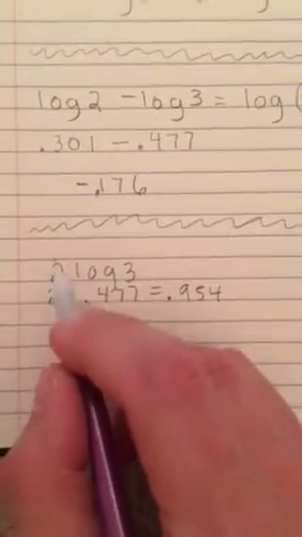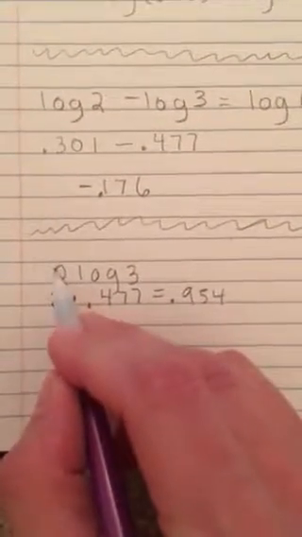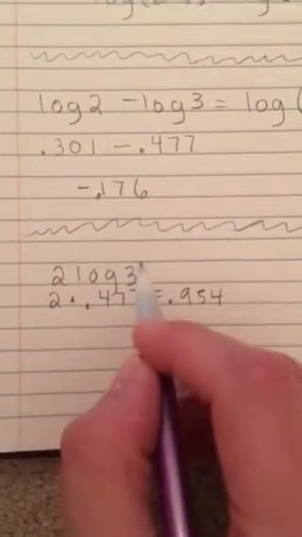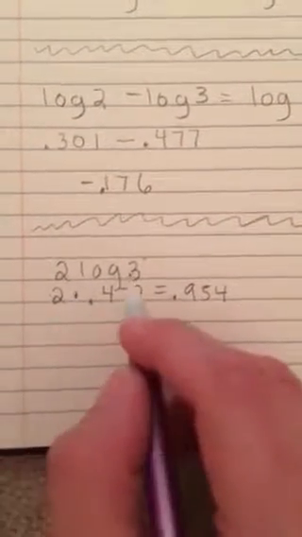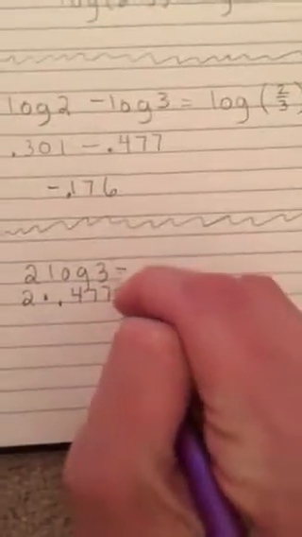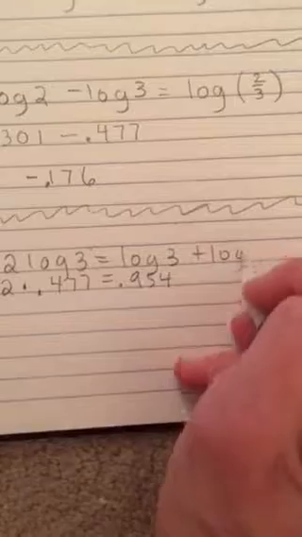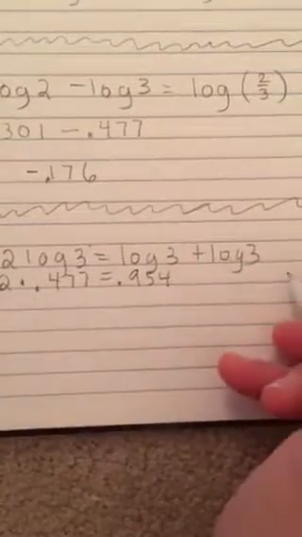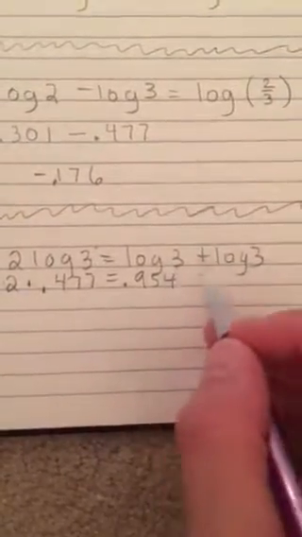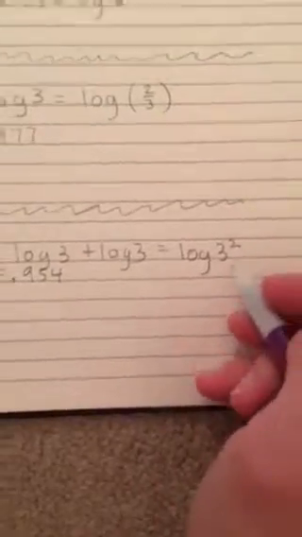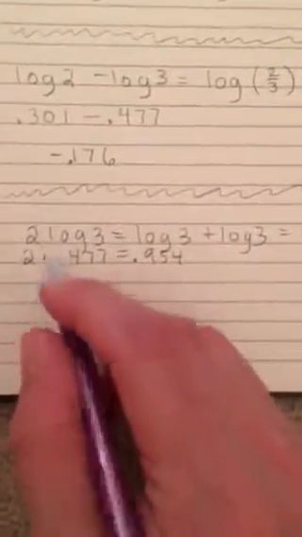And what happens is when you multiply, it actually acts like an exponent. And we're going to talk about why that happens. Look, if I have 2 log 3s, that's equivalent to log 3 plus log 3. That's 2 log 3s. And we know that when we add, we multiply these bases. So that's equal to log of 3 squared. Kind of our proof.